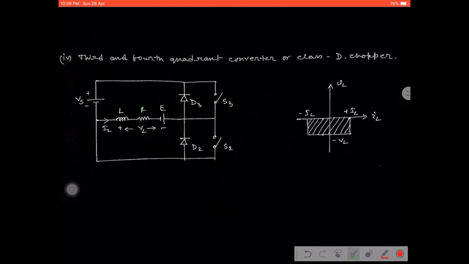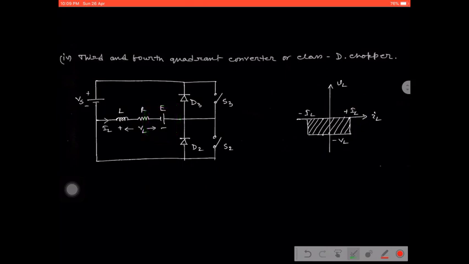The first clue is the reference polarity of the load. Due to the presence of back EMF, it is positive and negative. That is why in all cases it will cover the negative voltage, as E is in the opposite direction.